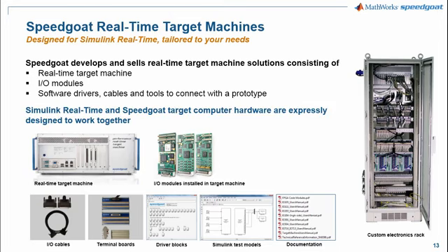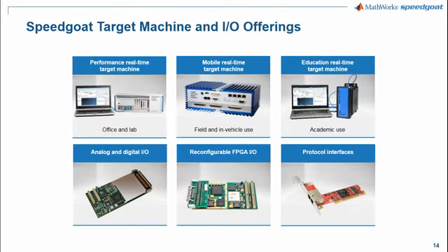Simulink Real-Time and Speedgoat target computer hardware are expressly designed to work together. The Speedgoat platforms are modular, flexible, powerful, and cost-effective, and over 300 I/O modules are available, supporting an extensive range of I/O and protocol interfaces. The performance real-time target machine is the ideal choice for office and lab use.